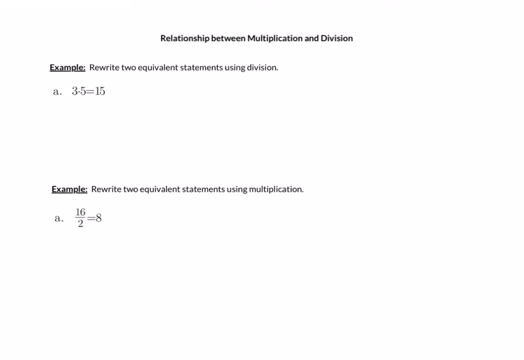So 3 times 5 equals 15. What are some statements that I can say using division? Well, we can say 15 divided by 5 is 3. We can also say 15 divided by 3 is equal to 5.